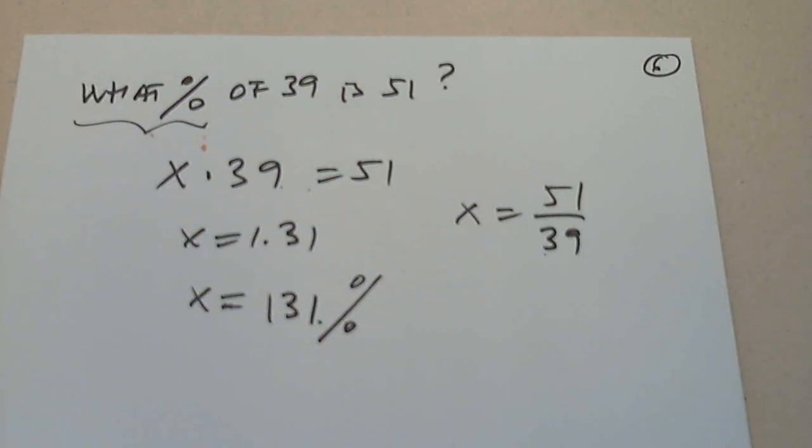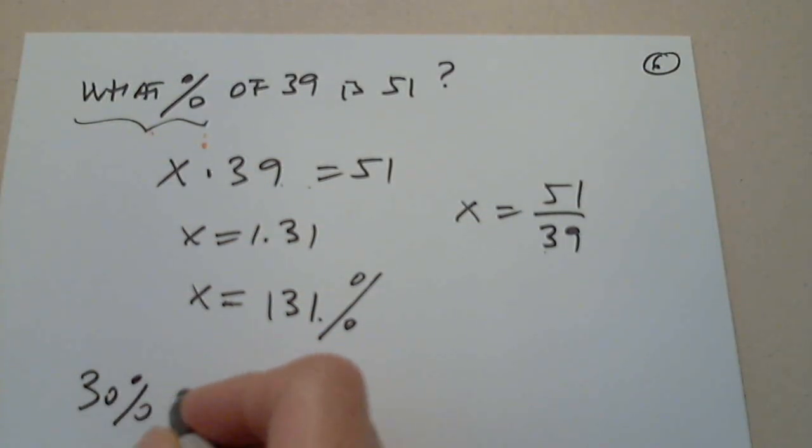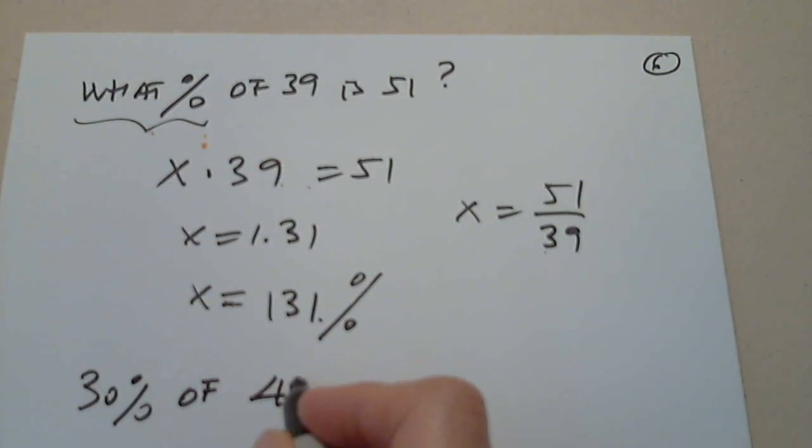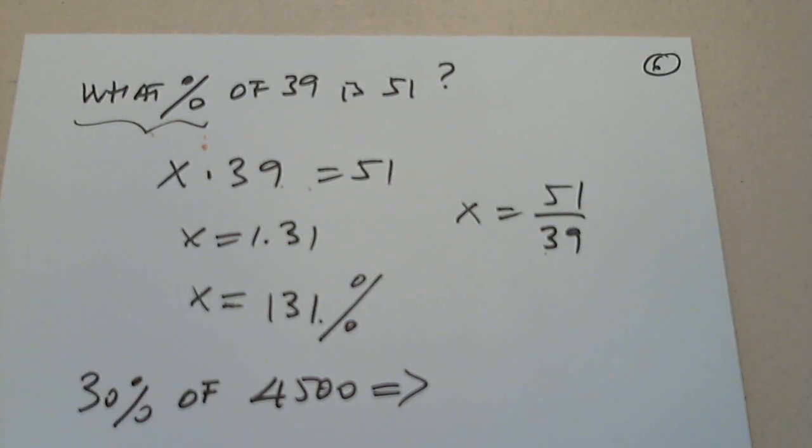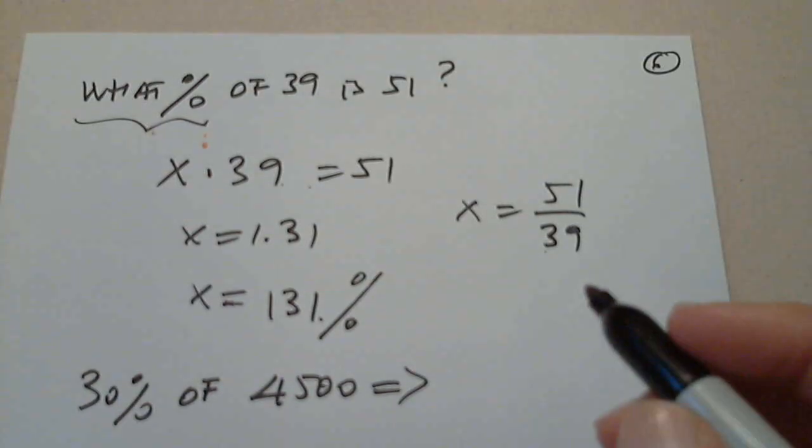Any questions? If I'm asked to find 30% of 4,500, how do I find that? Let's say somebody's paid $4,500 a month and they pay 30% for rent every paycheck. 4,500 times 0.3.